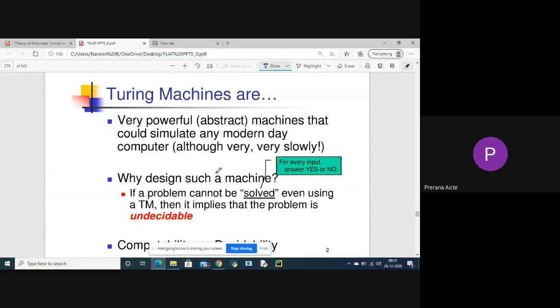So now we'll see about the most important topic and the very powerful machine in the theory of computer science, the Turing machine. It is a powerful machine which could simulate any modern computer. So it can perform any operations which are performed by the finite automata, pushdown automata, and linear bound automata as well.